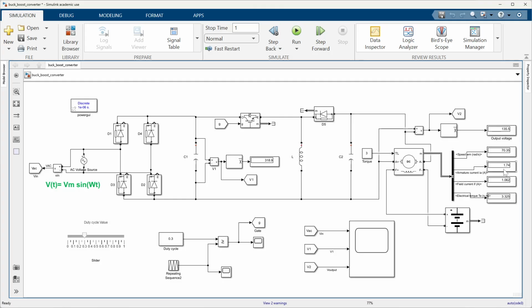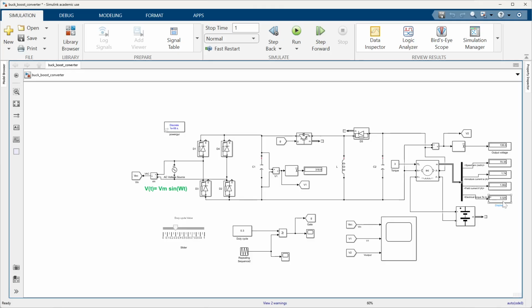Then the armature current, or the circuit current here, is 1.74. The field current is 1.06 amps and the torque is 3.32.